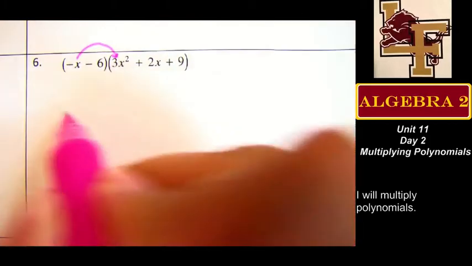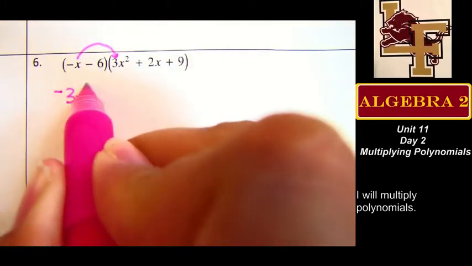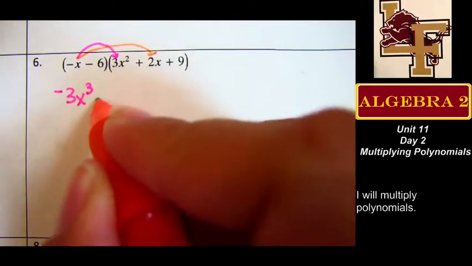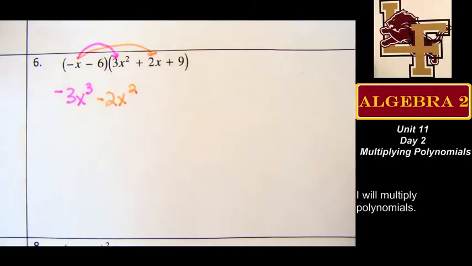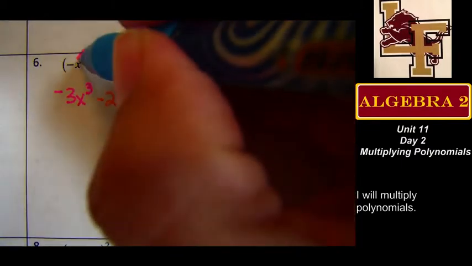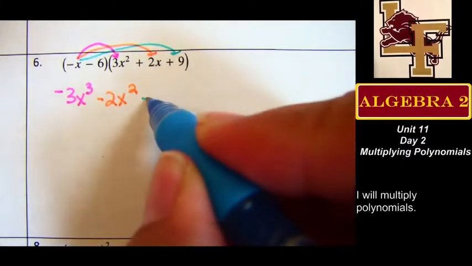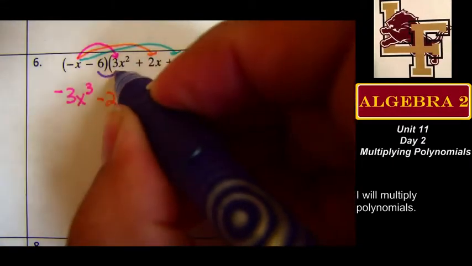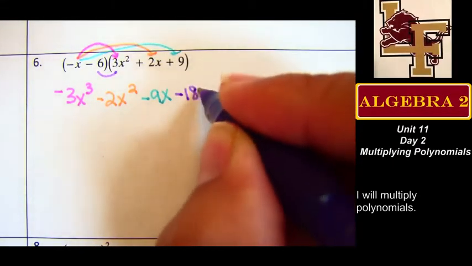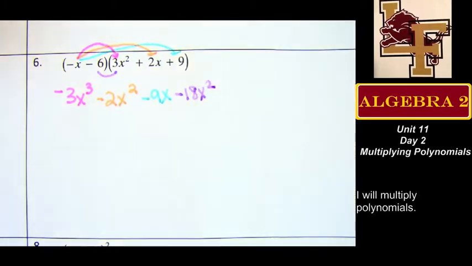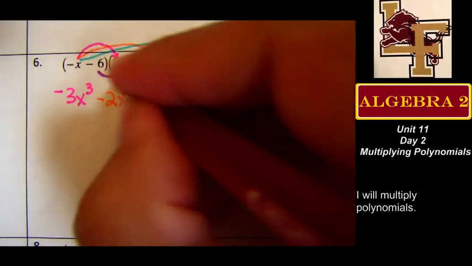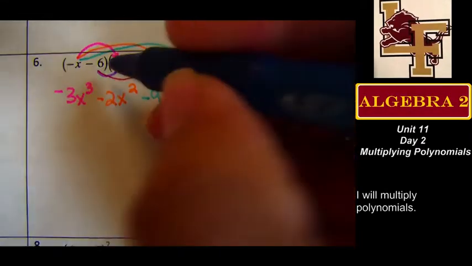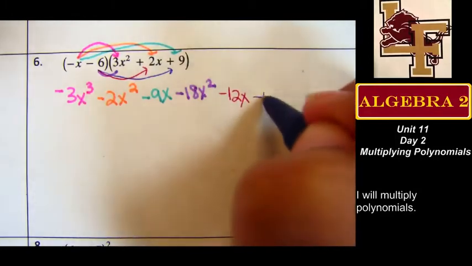Multiply these two together. And these two together. And those two together. And these two together. And these together. And those together.